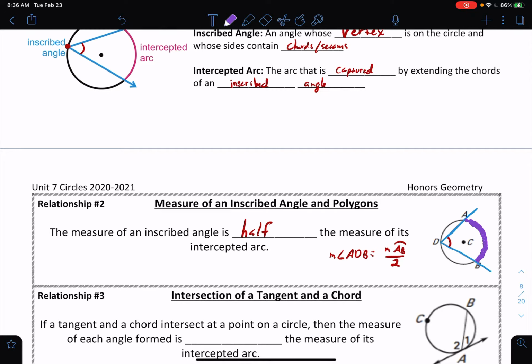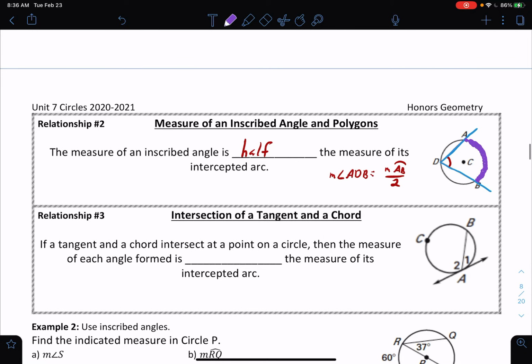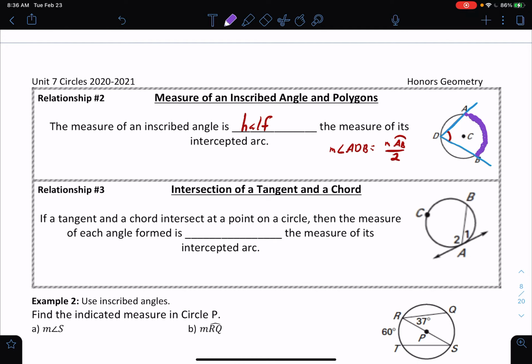Another way that could look is if you have a tangent and a chord that intersect. Here you've got a tangent and a chord, but once again, the vertex is on the circle. Looking at angle 1, if I extend these lines out, it captures arc AB.